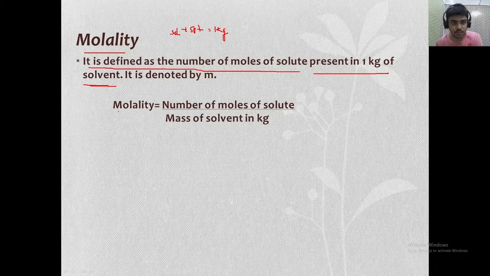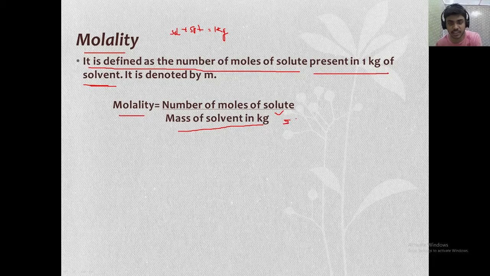So the molality is equal to the number of moles of solute by the mass of the solvent in kg. Suppose in 5 kg of water you are mixing 3 moles of NaOH. So what will be the molality? 3 by 5 kg. It should be in kg. If it is 500 gram, make it kg. So it will be 3 by 5 equals 0.6 molal solution, means small m.